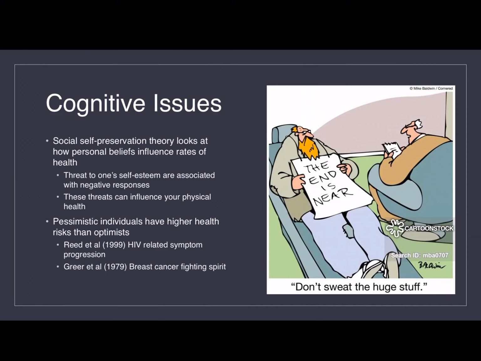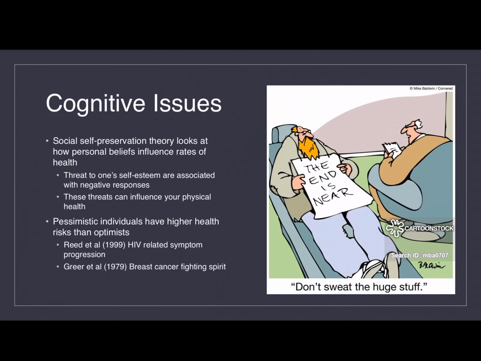All right, what we also know is that there are some cognitive issues. Our psychological frame of mind will let us understand these health problems and how it could play a role in the issue that you're dealing with. So the social self-preservation theory looks at these personal beliefs that somebody has and how they influence your rate of health and the risk factors that you might have. What social self-preservation theory states is anything that's a threat to your self-esteem can be associated with a negative response.